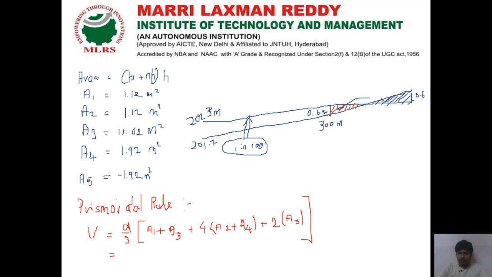So we get the value of 1113.33 m cube, which is the net quantity we have to do for this earth work.